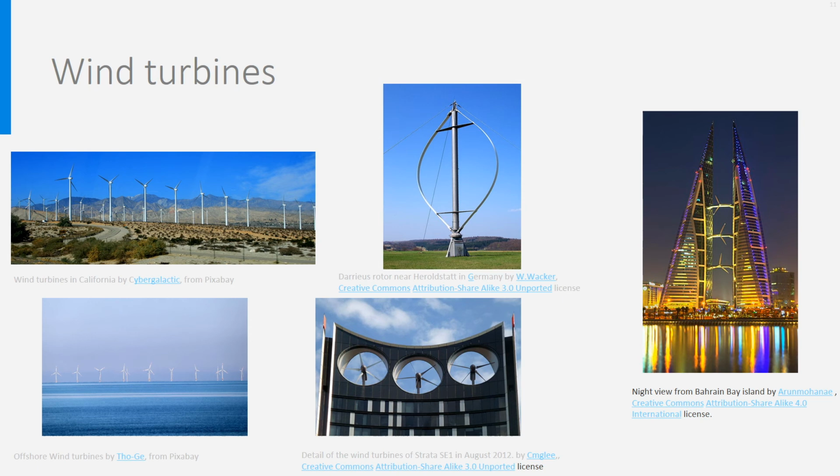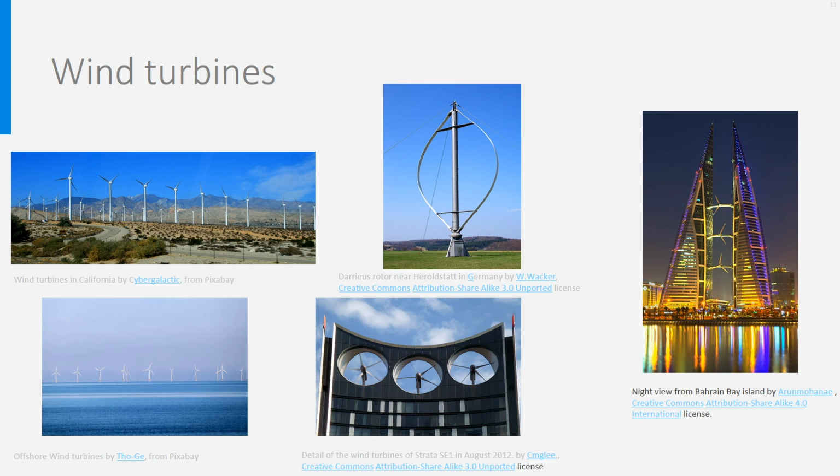Wind turbines can be found in many power ranges from a few kilowatt up to 12 megawatt. 12 megawatt is the largest turbine in the world from GE. You should imagine it is 260 meters high and the turbine itself has a radius, the length of the blade, of 107 meters. Such sizes are only possible for offshore turbines, as you see in the picture left below.